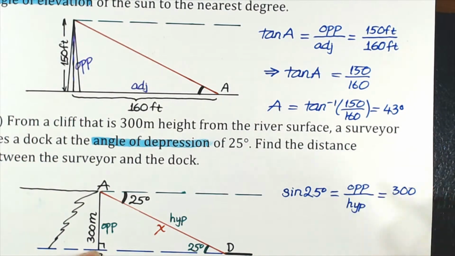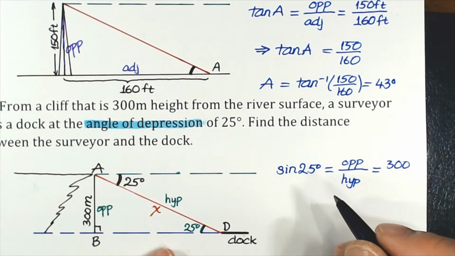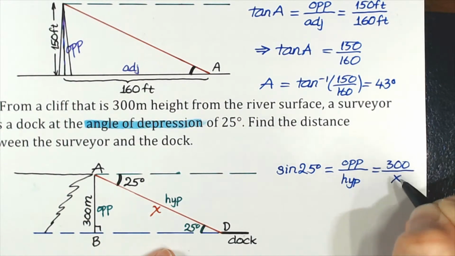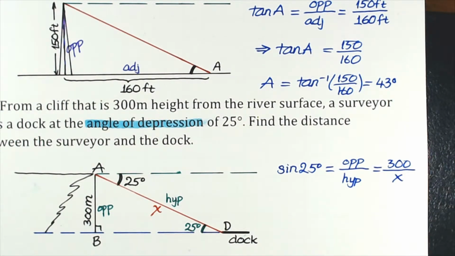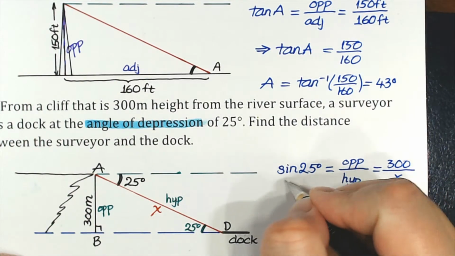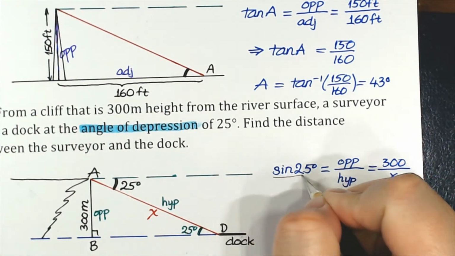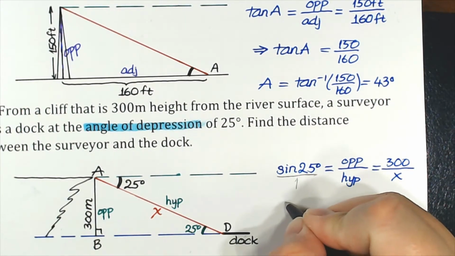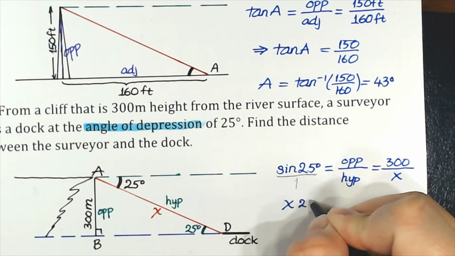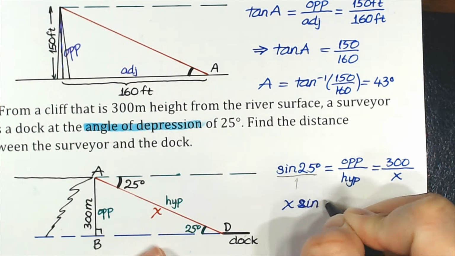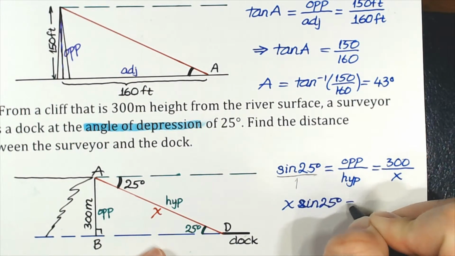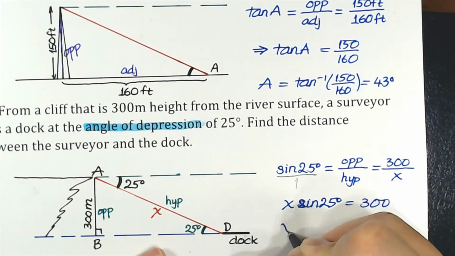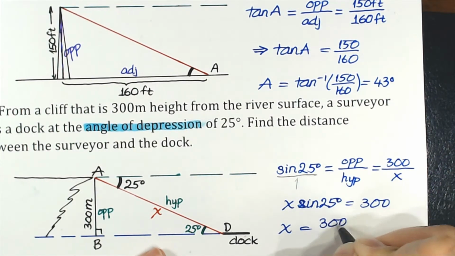I just dropped the unit here. Hypotenuse is x. And what I'm going to do next is just write this over 1 and cross multiply. So we're going to have x times sine of 25 degrees equal to 300. So x equals 300 divided by sine of 25 degrees.